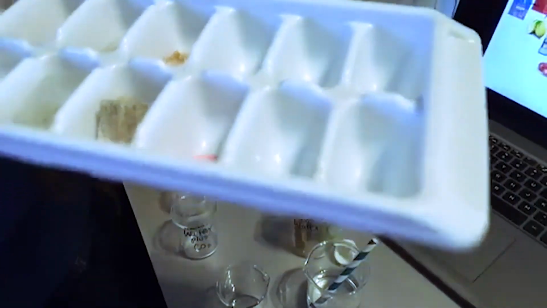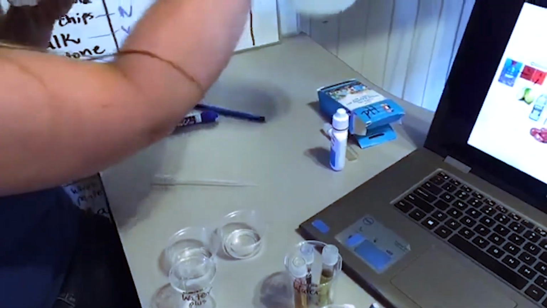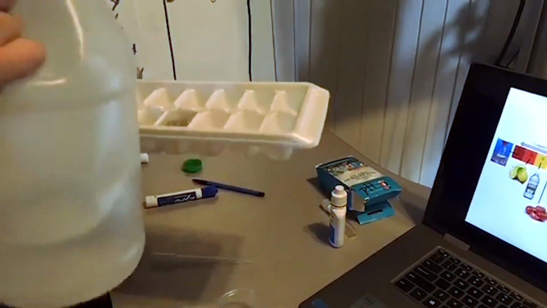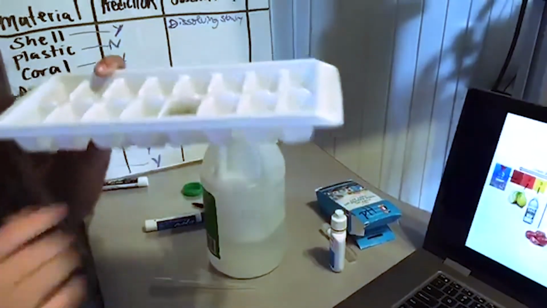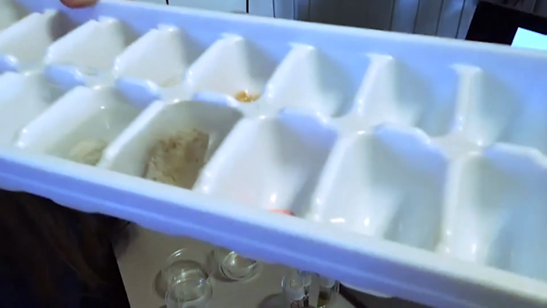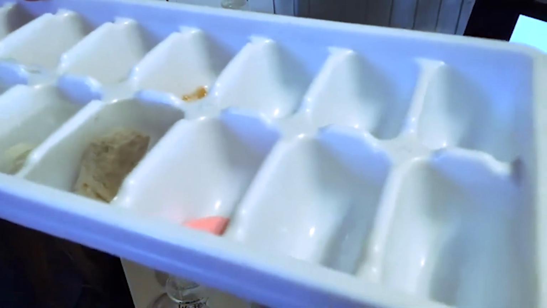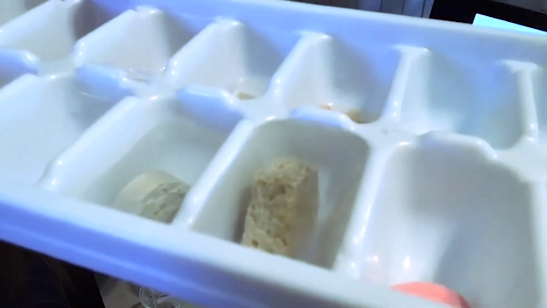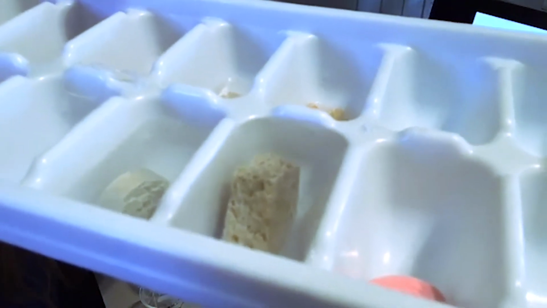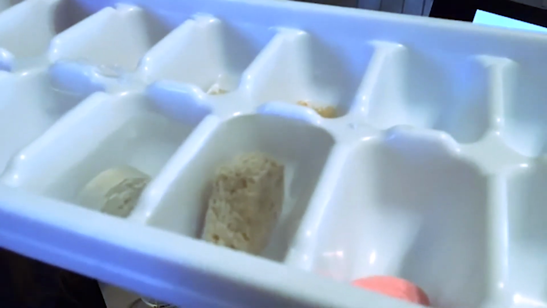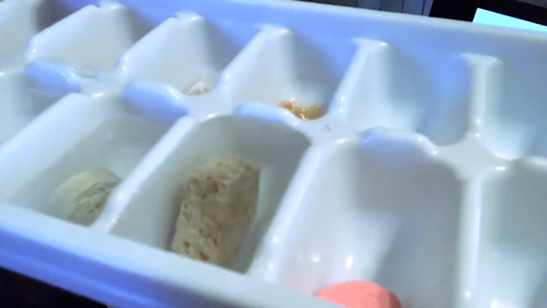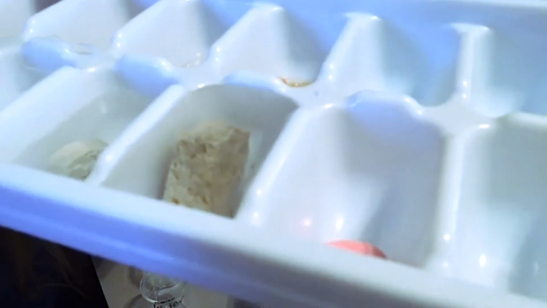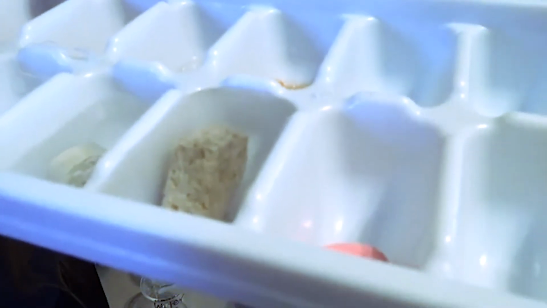How about this limestone? Let's take a look at that. All right, the limestone. It's got some tiny bubbles starting to form. Again, the surface area on the limestone is not as great as the sand.